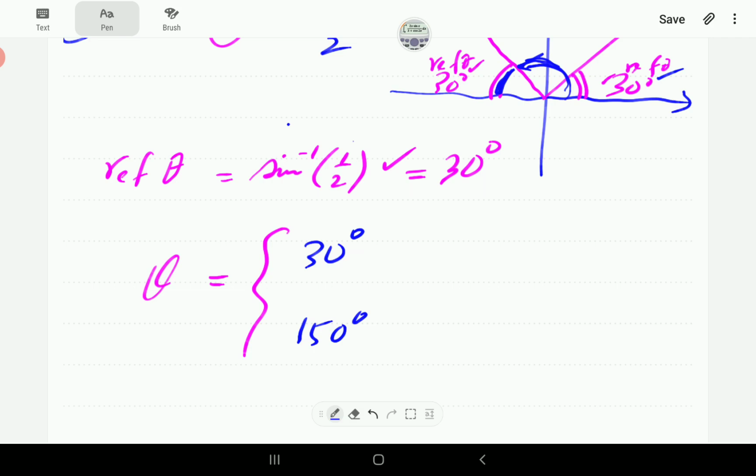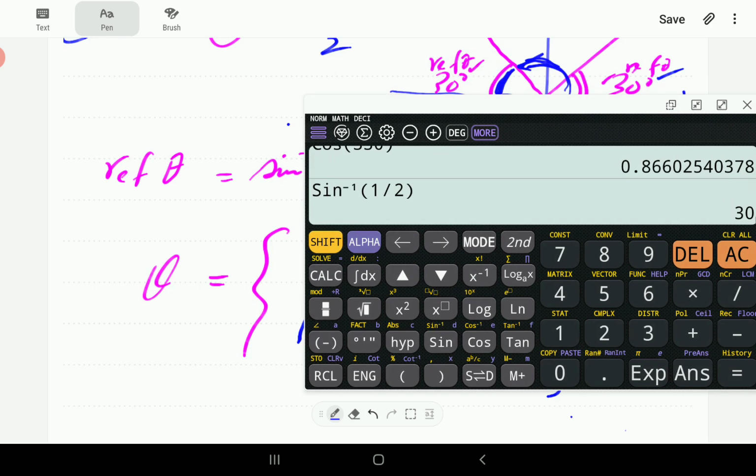However, you are going to remember that 30 is coterminal with 390, with 750, etc. You get 390 by adding 30 to 360. So say 30 plus 360, you get 390.